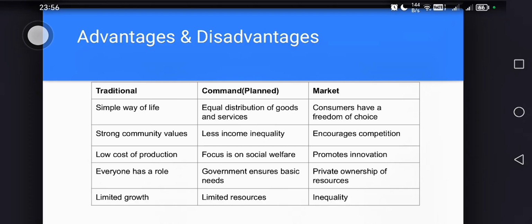So there is that kind of freedom. They are not forced, unlike in the command economy, where the government ensures that all the basic needs are met and everyone has access to everything.